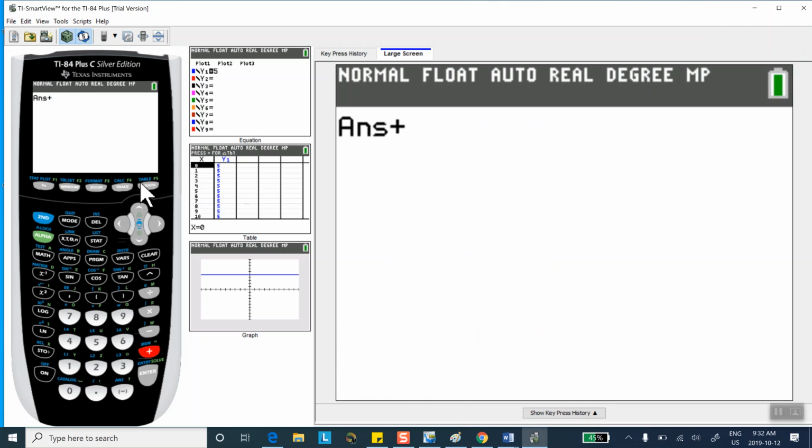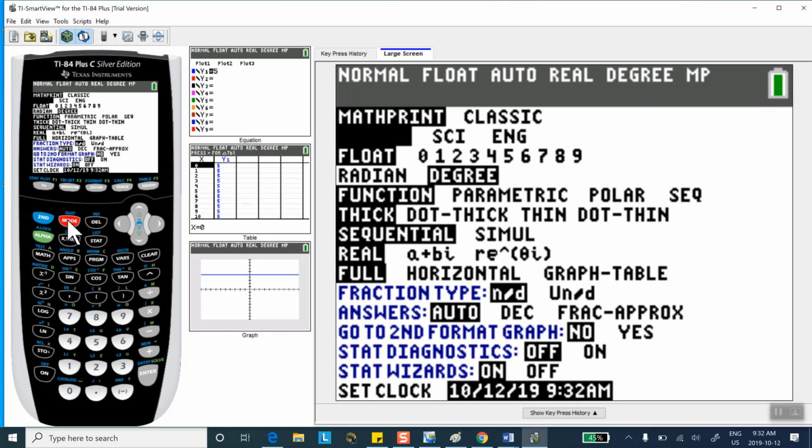Okay, good. It is on radian now. Check it again. Yeah, it is on radian right now.